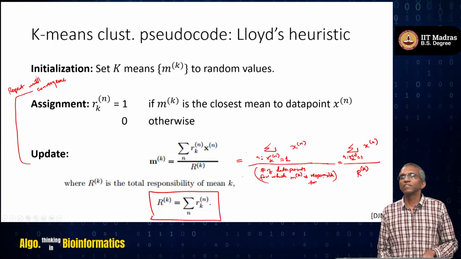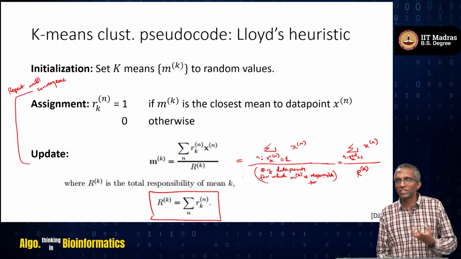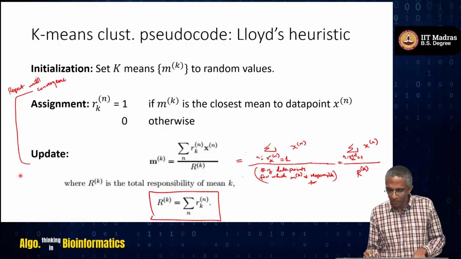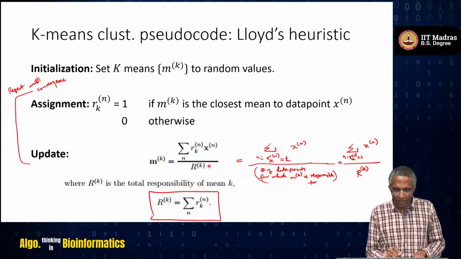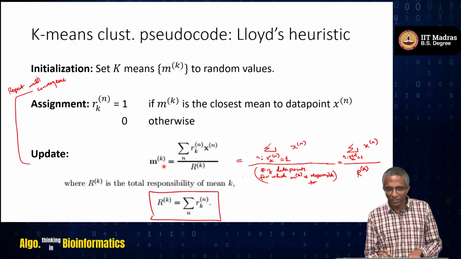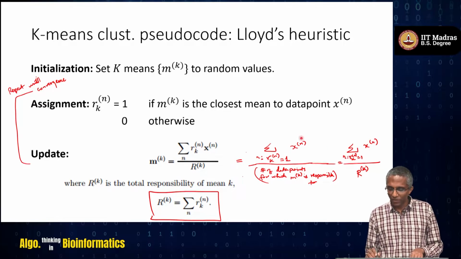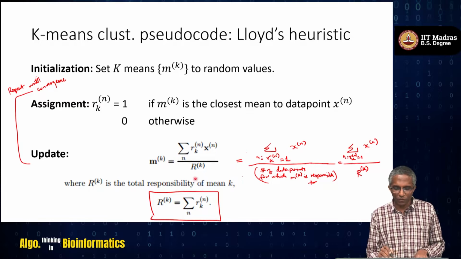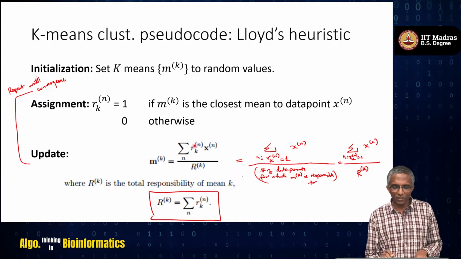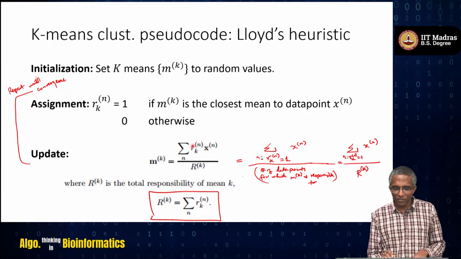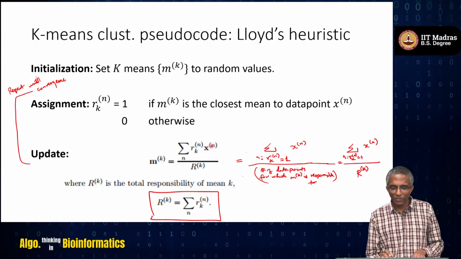The kth center is responsible for the total number of data points assigned to it. Okay. I hope that part is clear. So, this is essentially the average of all the data points assigned to this kth center. It can be written this way, or, for later on, we will be using this particular version of the formula, where you just run over all the data points. For some of them r k of n is 0, so you just exclude those data points, but for others for which it is 1, you just take x of n, sum it up, and divide by the total number of data points assigned.